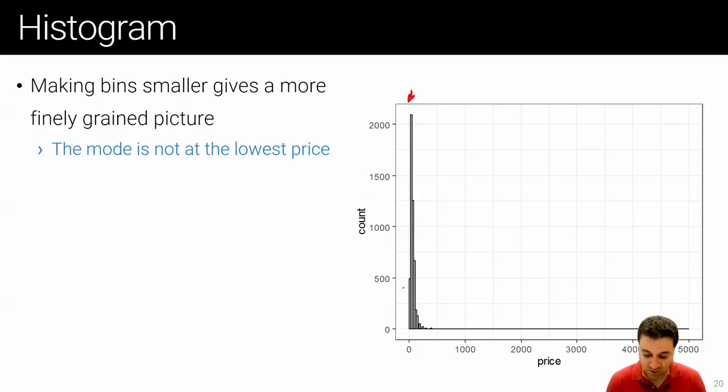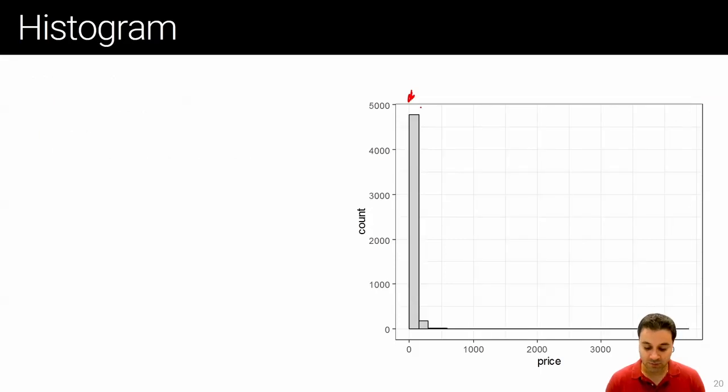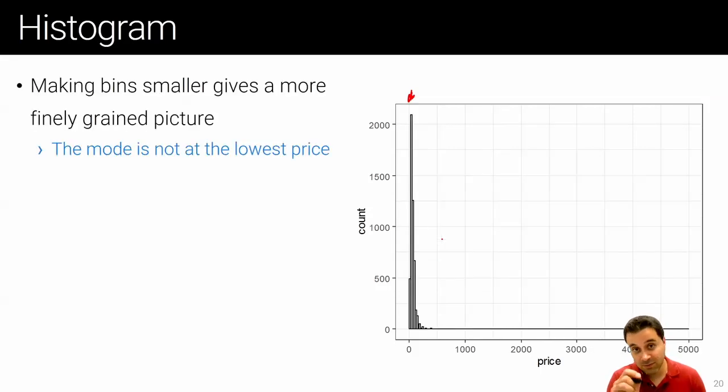So we see some prices over there, about 500 observations that are less than, let's say, 30, 50 euros or something like that. And then we have the mode. So in the previous plot, it looked like the lowest price was the mode. But if we take a finer grain, we see that no, it's not.